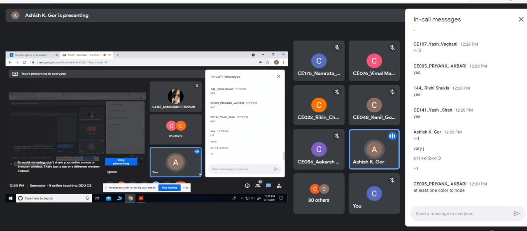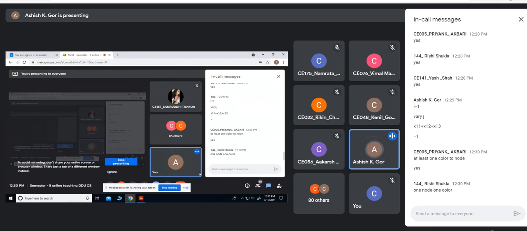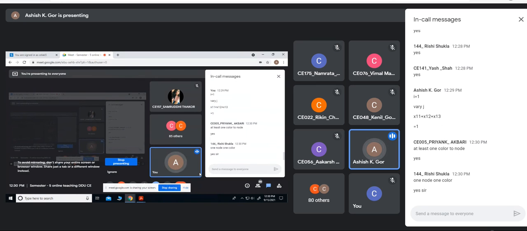Why, Rishi? Can you tell me the reason? Exactly one color, Priyank. Not at least one color. At a time, you can give only one color in any one solution. One node, one color. Now are you getting your answer, Rishi? For the first vertex, x11 is either 0 or 1, x12 is either 0 or 1, x13 is also 0 or 1.